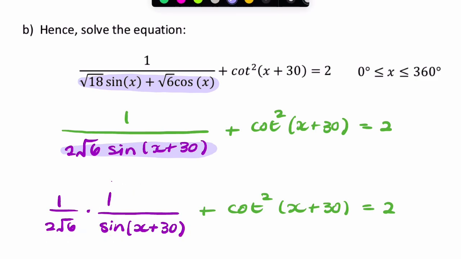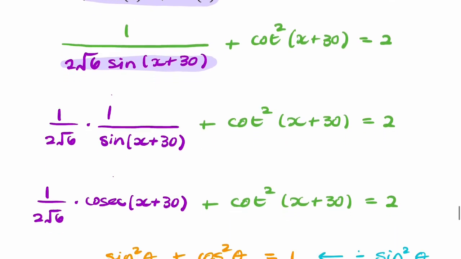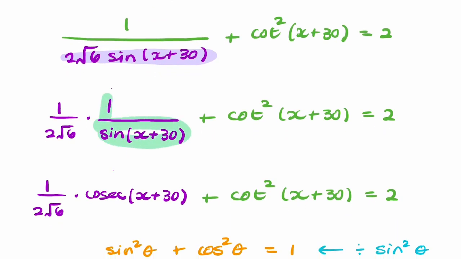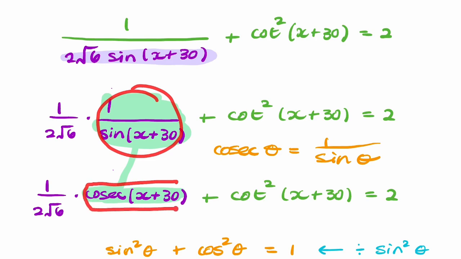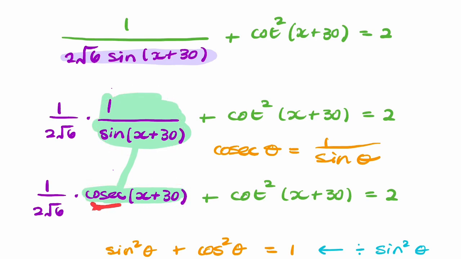And if you realize that 1 over sine is just cosec. That's the definition of 1 over sine, or the definition of cosecant. So cosecant theta is 1 over sine theta. So when you see 1 over sine, you can replace it with cosecant.